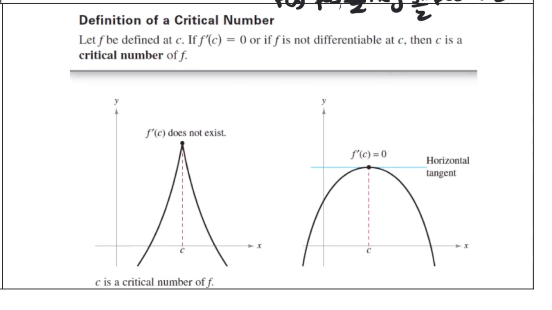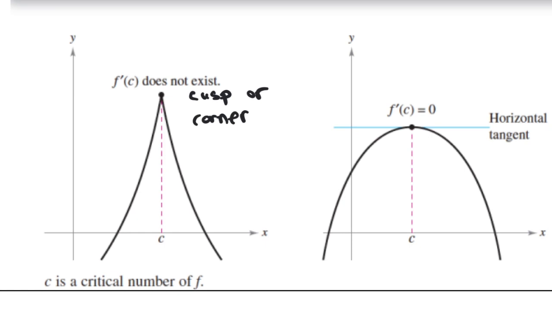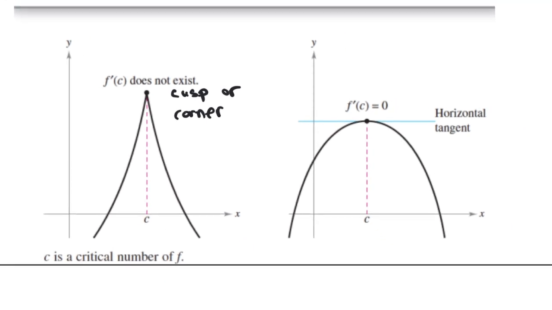So these values where your derivative is equal to 0 or is not differentiable are called critical numbers. And you can see that where your derivative does not exist, you're going to have some sort of cusp or corner on the graph. And if your derivative is equal to 0, that's of course where you have your horizontal tangent line.